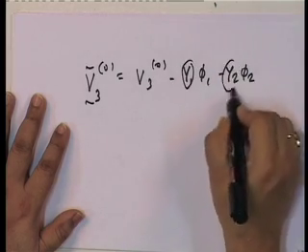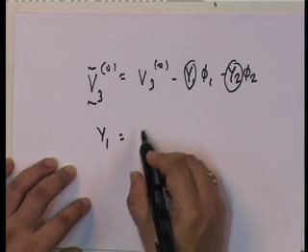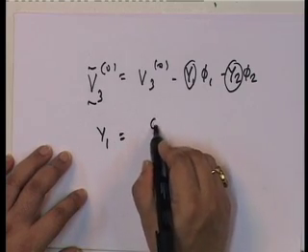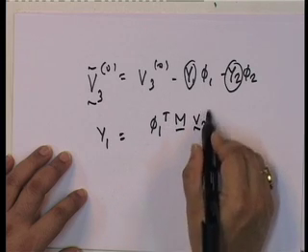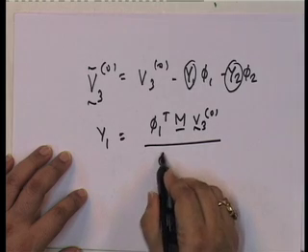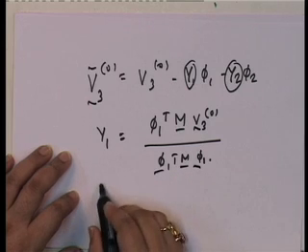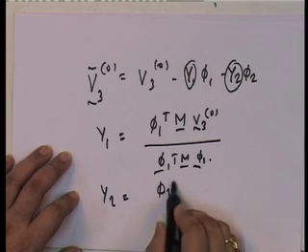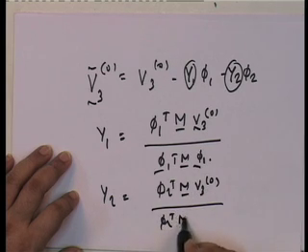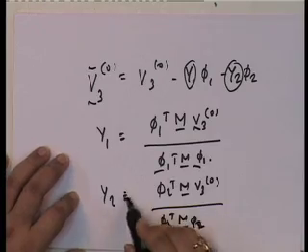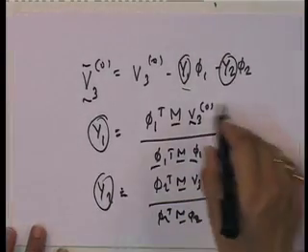We have already discovered how to get these. y1 is equal to phi 1 transpose m v3 0 upon phi 1 transpose m phi 1, and y2 is equal to phi 2 transpose m v3 0 upon phi 2 transpose m phi 2. This is the way you can find these two. Once you find these, you can get them out.